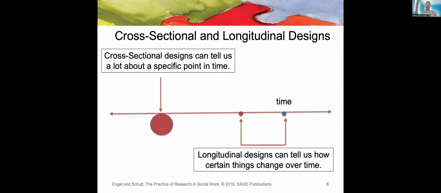Or we can get that data from two or more points in time. This would be a longitudinal, so think long period of time. Cross-sectional would be if you've got an orange and you slice it, and you can then see the cross section, and see everything that's there, but we can't see it over time. We can only see it as it is at that moment.